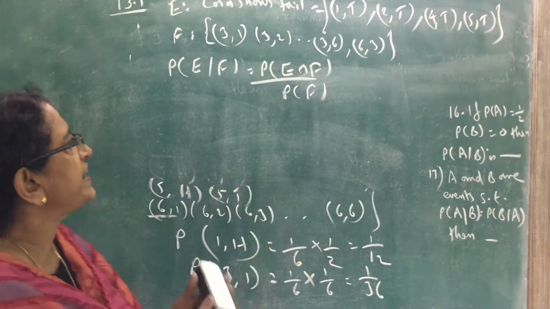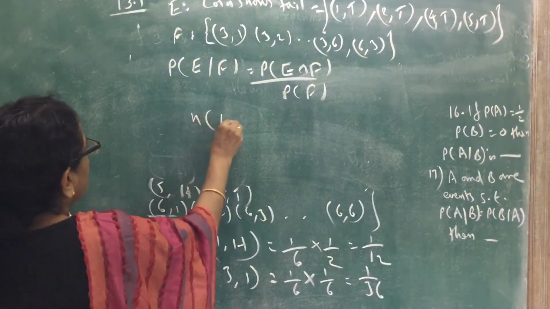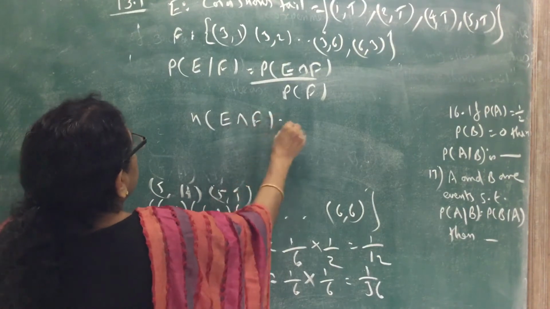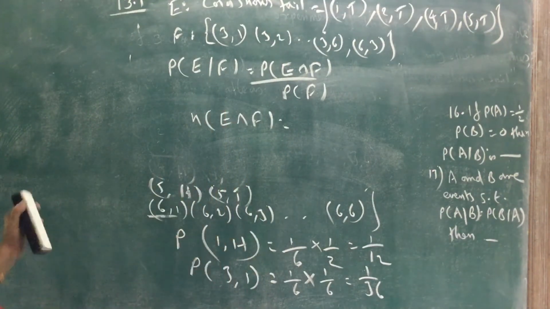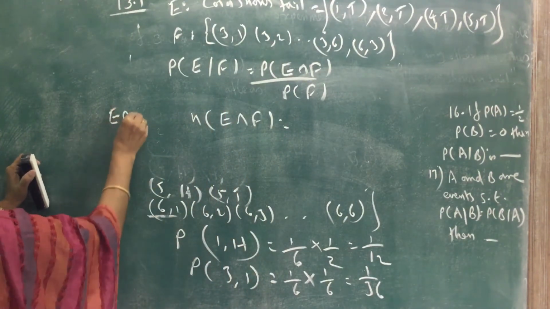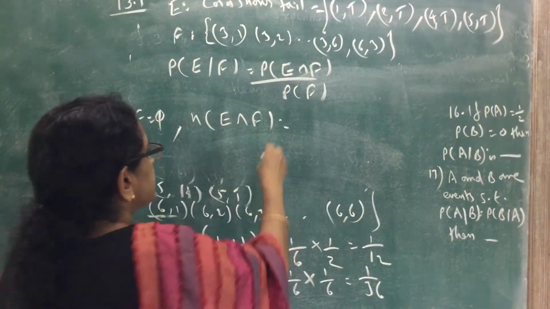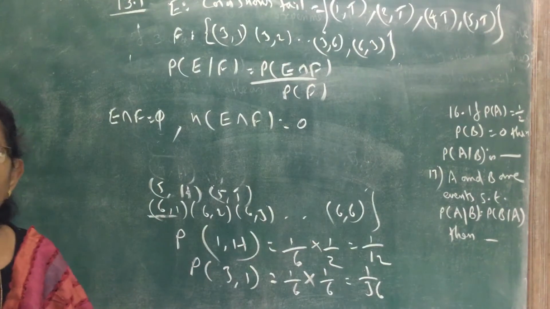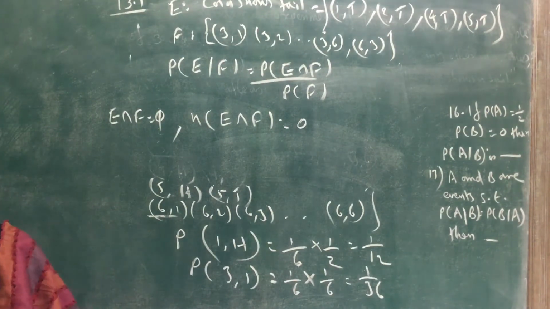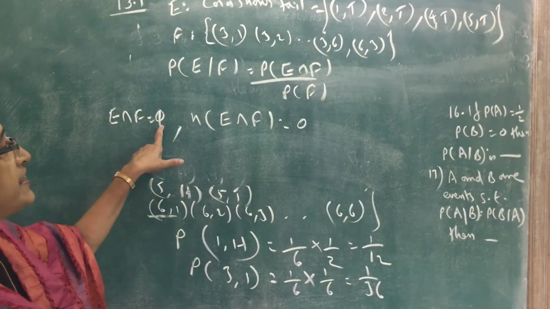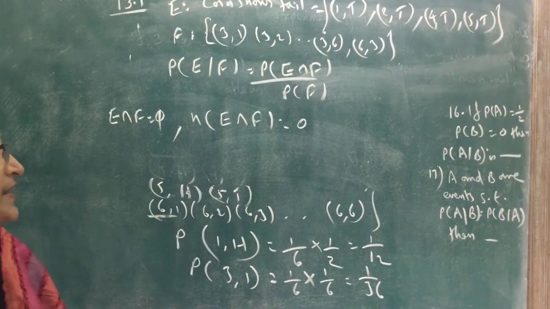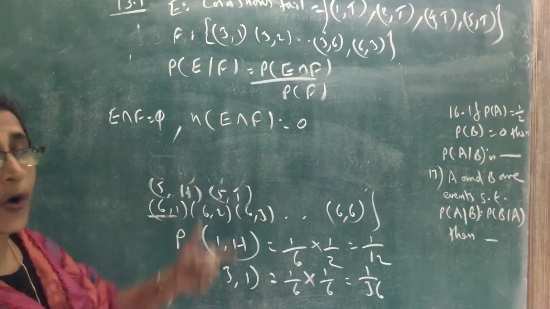So number of E intersection F means common elements of E and F. Here E intersection F equals the null set. Therefore number of E intersection F equals 0. There is no element in E intersection F. So what is the probability of E intersection F?